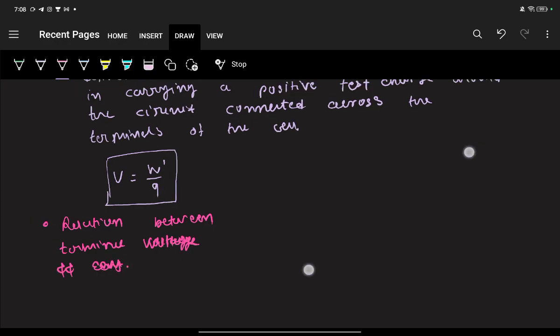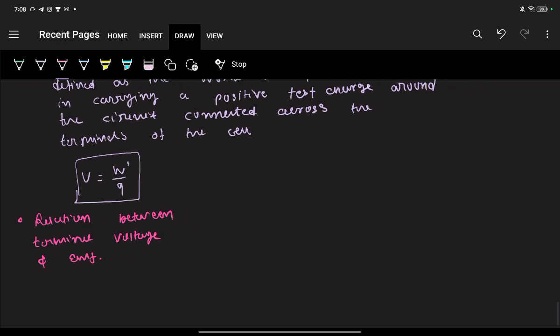What do you think? What will be the relationship? So let's construct our battery again. This is our battery. These are the electrodes, and it is connected to some external circuit. This is the positive electrode and this is the negative electrode. And this is our electrolytic solution.